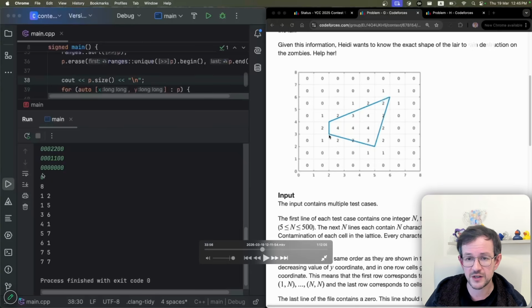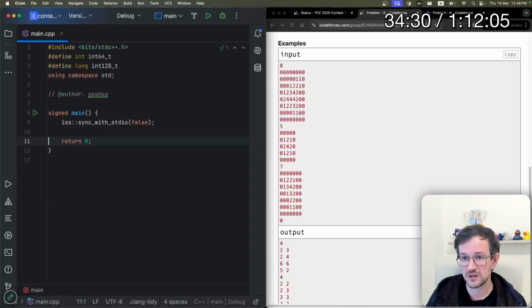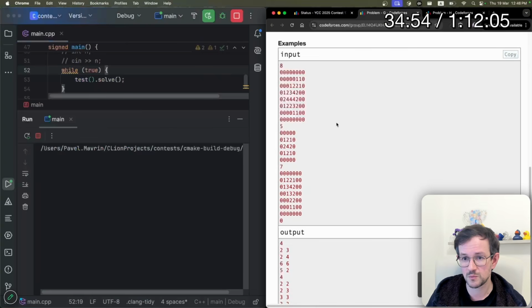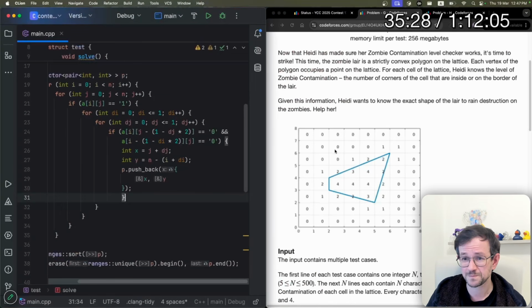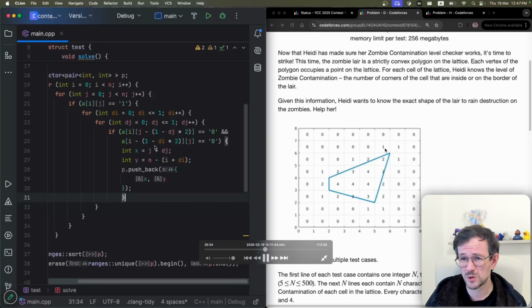So what I normally do, I implement some code, I check what's happening here. So now I added all the candidates and see the candidates are incorrect. This sequence doesn't make sense. So I try to find the mistake. The mistake was here, I believe. This should be not minuses, but pluses.